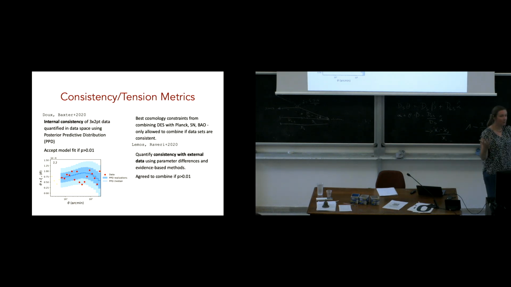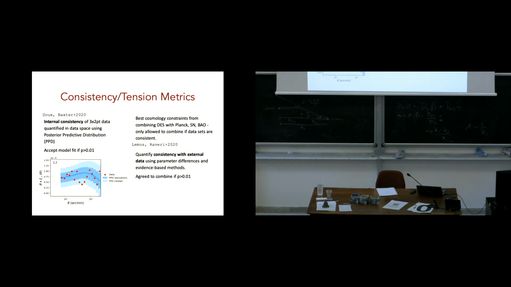And then after unblinding, of course, we want to get the best possible cosmology constraints by combining DES with other data sets. But that's, of course, only allowed if the data sets are consistent. Otherwise, the parameter constraints are pretty meaningless, because clearly our model is insufficient.